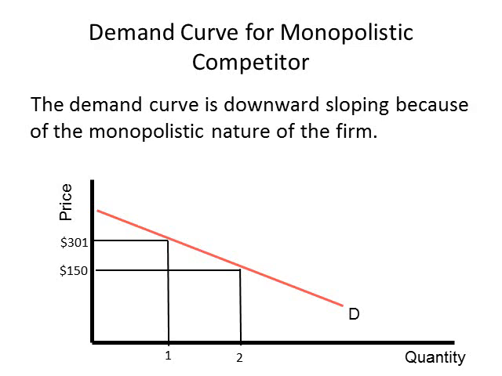Let's see, however, what would happen if the firm decided to drop the price of its cell phone by $25. The monopolistic competitor drops its price to $125 and sells 3 cell phones. The total revenue generated by the new price is the price, 125, times the quantity produced, 3, giving a total revenue of $375.